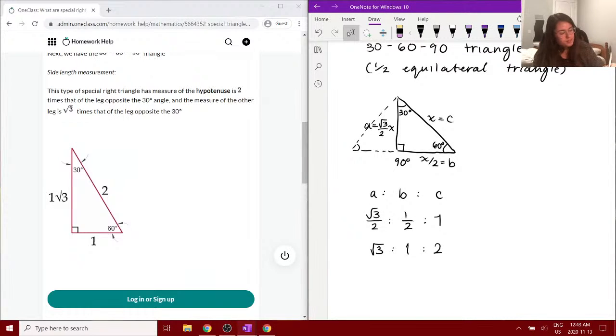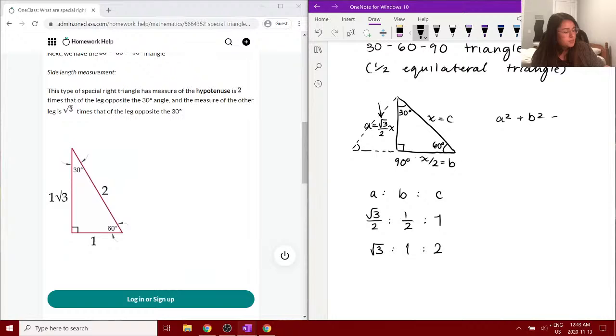And as I said before, the way to find A can be with the Pythagorean theorem. So if we start with their equilateral triangle with all 60 degrees and all side lengths of x, then we know that C is x already because we did not touch that side, and we know that B is half of x because we cut this equilateral triangle down the middle, so the remaining side length is half of x. So we can find what A is using the Pythagorean theorem again.